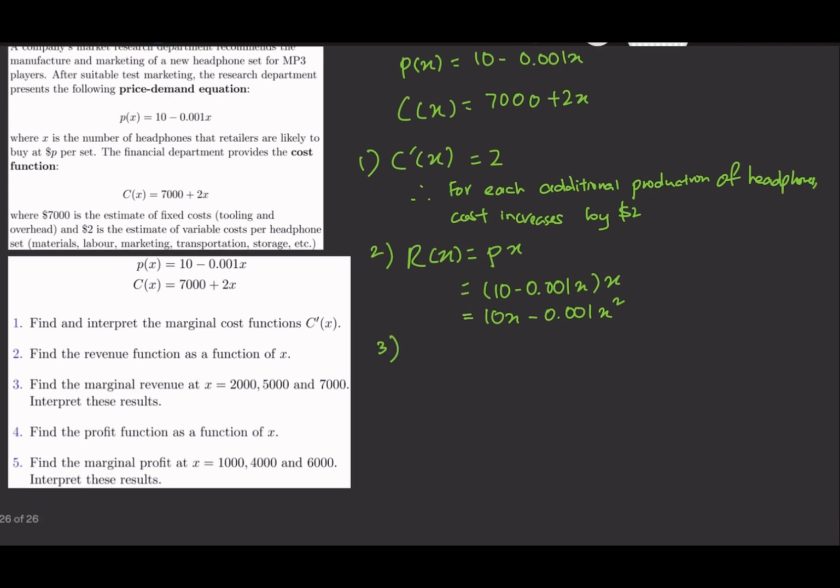Find the marginal revenue at x equal to 2,000, 5,000 and 7,000. Interpret the result.